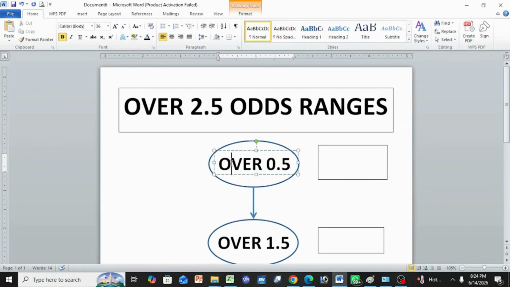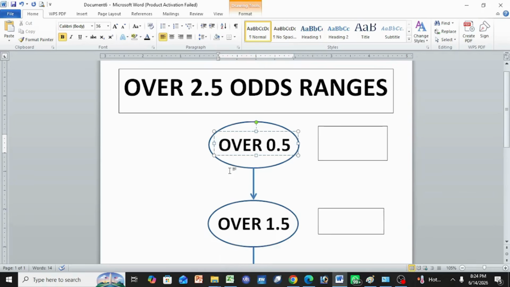So I made a video before concerning odd signals for over 2.5, and someone requested for me to give odd ranges for over 2.5. It is important because odds are just in real time, so you don't just go randomly and start picking your games. That's why I have done proper research and bring to you the odd ranges that are actually working for over 2.5.